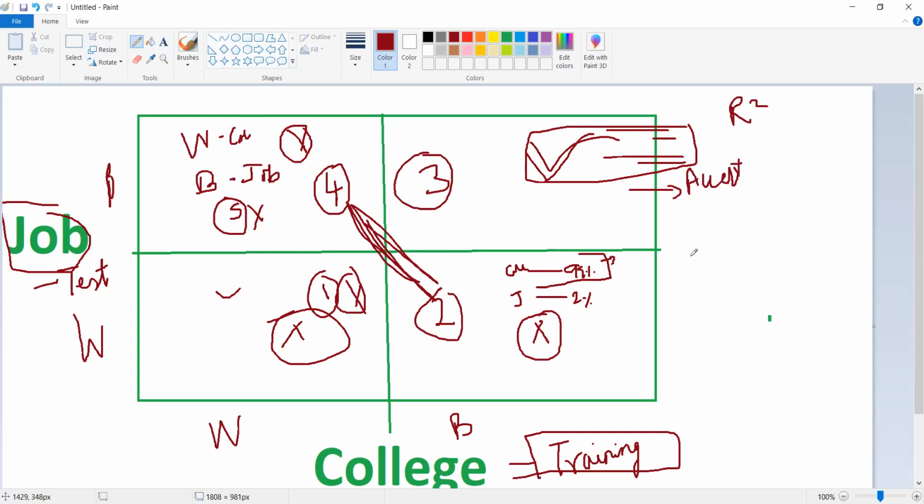Now we're talking about variance and bias. Variance is error, right? And bias is that you are being biased towards the data set. You're going by the data set. Variance is the genuine error.